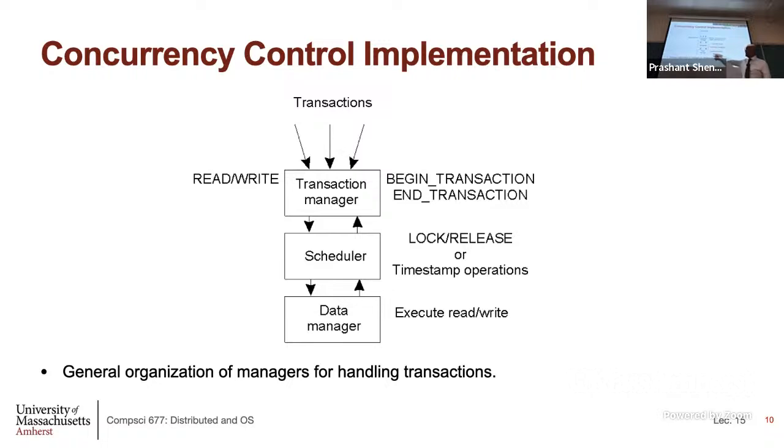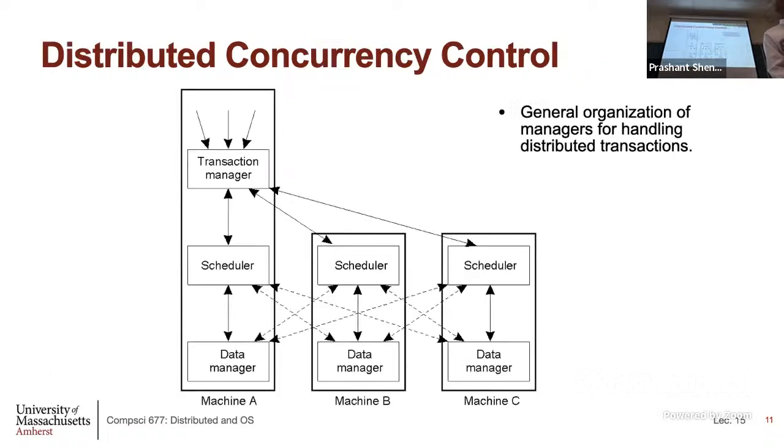And then there's the data manager. That's the one that's actually reading or writing data to disk. So these two, the transaction manager and the scheduler, are the ones we are more concerned about. That's just regular file system IO. So that's a centralized transaction manager in a concurrency control system. Here's the distributed version of it. It looks very similar.